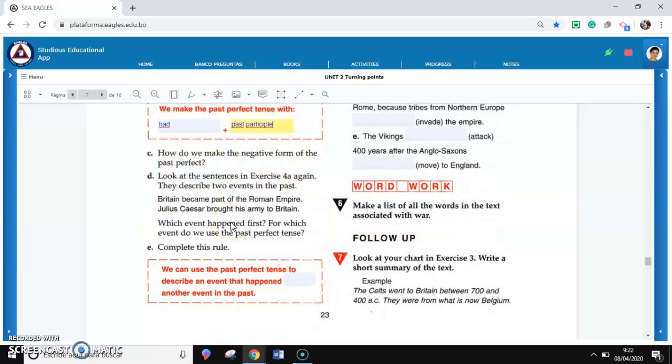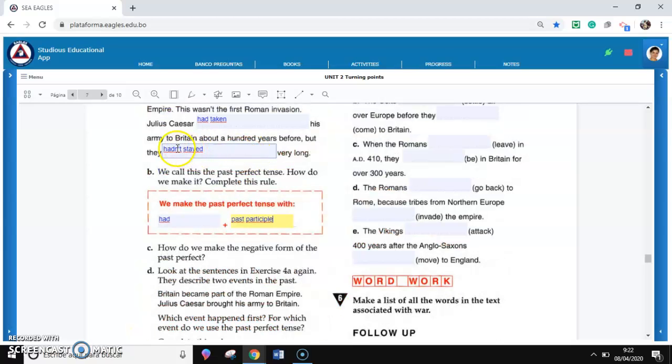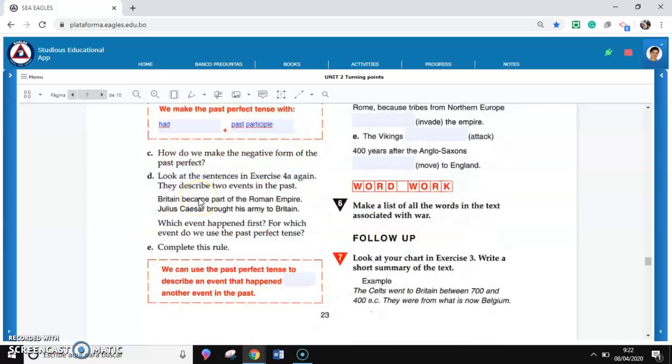Let us see how we make the negative form of the past perfect, as we see here in the example. Had not stayed. So we use had not, or the short form, the contraction, hadn't. Here we have it.